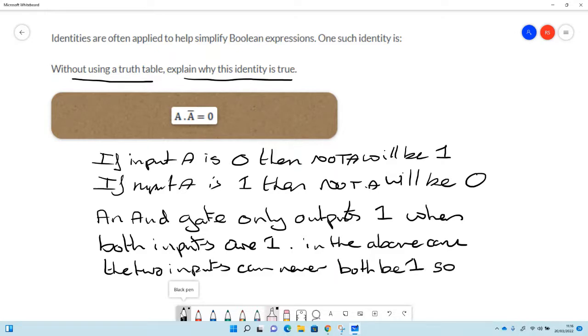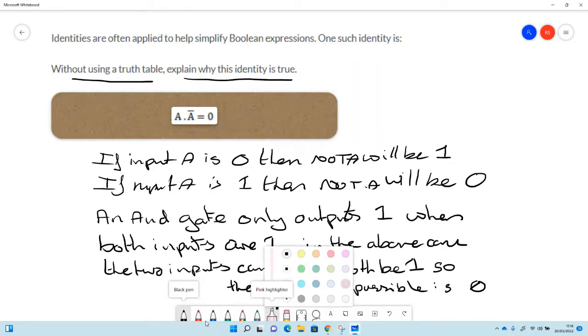So the only output possible is 0. So if we've said that, then we're going to have enough, I think, there for us.